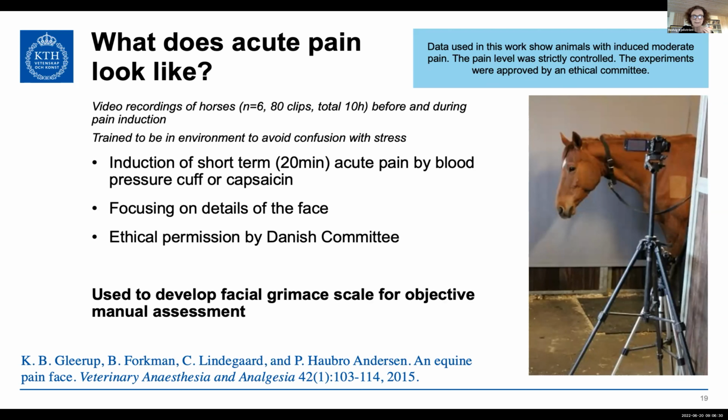This might seem mean, but you should remember that it's of great benefit to millions of horses if we could get a better way of detecting signs of weak pain. So we could save tons of horse lives. And this is the same type of pain induction used in humans. So it's completely reversible and you can stop the pain at any time. So there was a data set and they used it to develop facial grimace scales for objective manual assessment, which was a great step forward.